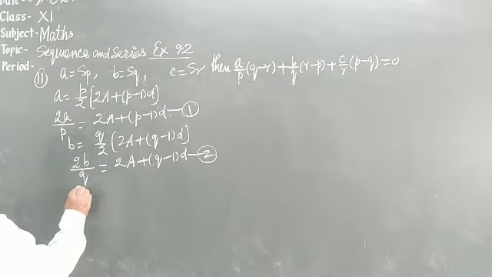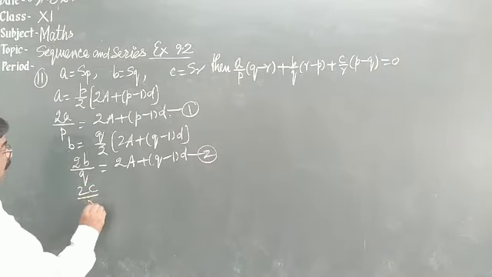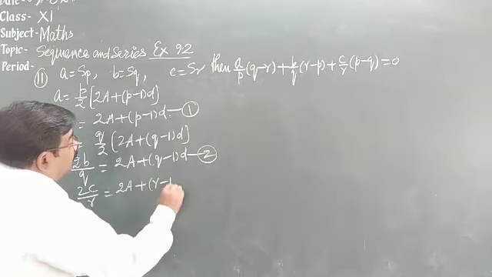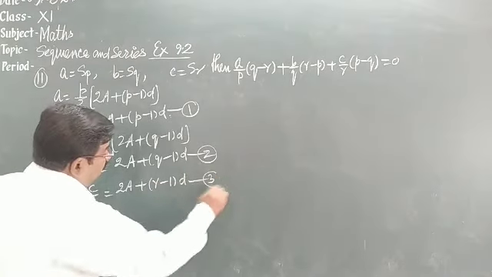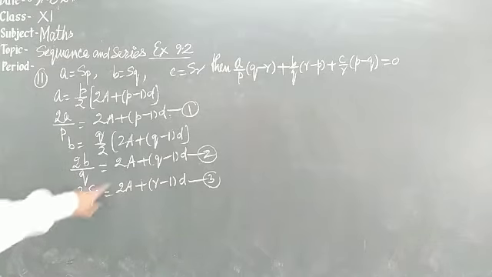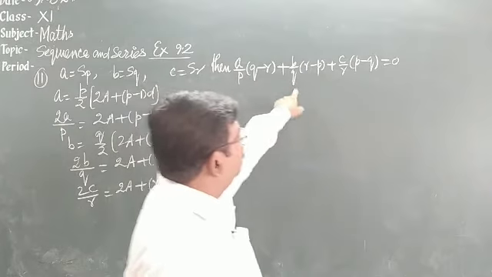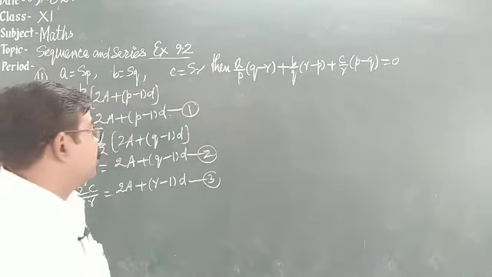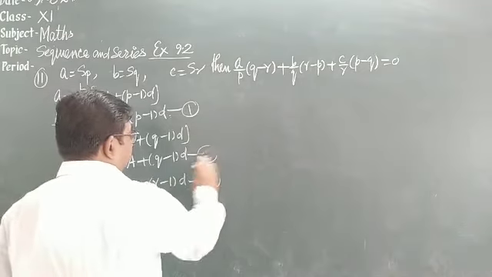So we can write 2C upon R is equal to 2A plus R minus 1 into D, equation number 3. Now check the left side. Here we have 2A upon P, 2B upon Q, 2C upon R. Here we need A upon P, B upon Q and C upon R. So we have a trick in this question. What is the trick? Let's see.